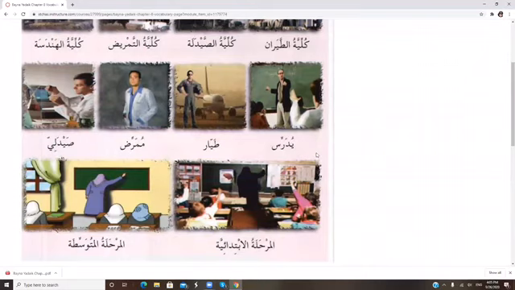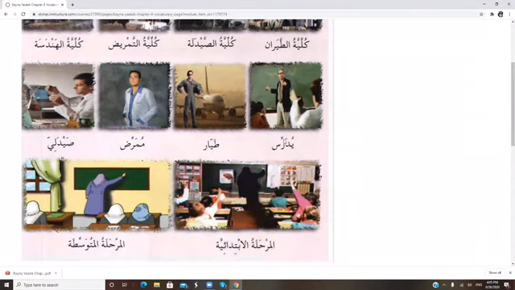So there's form 1, which we've seen before, yedrusu, which means he studies. Next to it, Roman numeral 2, form 2, is yudarisu.